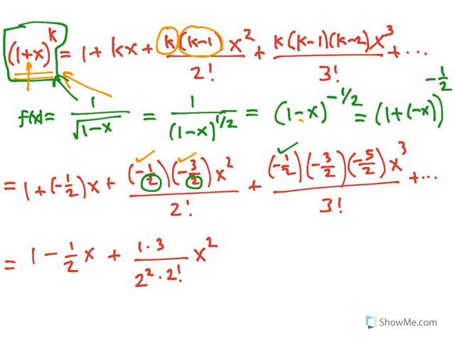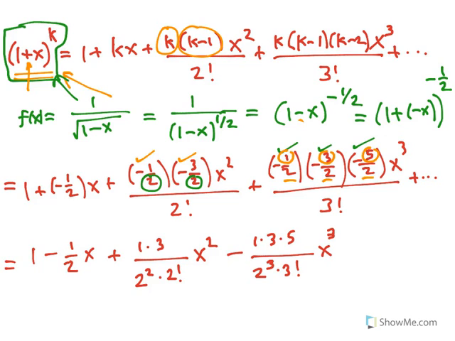And then here I have a product of 3 negative factors, so my term will be negative. And then I have 1 times 3 times 5. I also have 2 times 2 times 2, or 2 to the third, divided by 3 factorial, which is the same as multiplying by 1 over 3 factorial times x cubed.